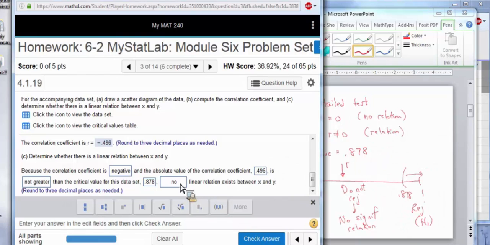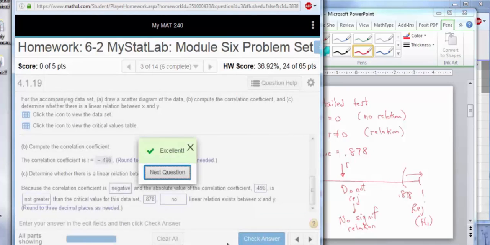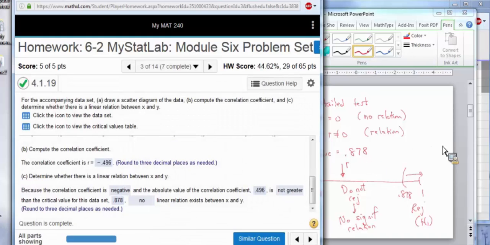So instead of saying no relation, what would be more accurate is to say no significant linear relation. There might be a little one, but it's not detectable from the data that we have. Check our answer. Just show you one thing.